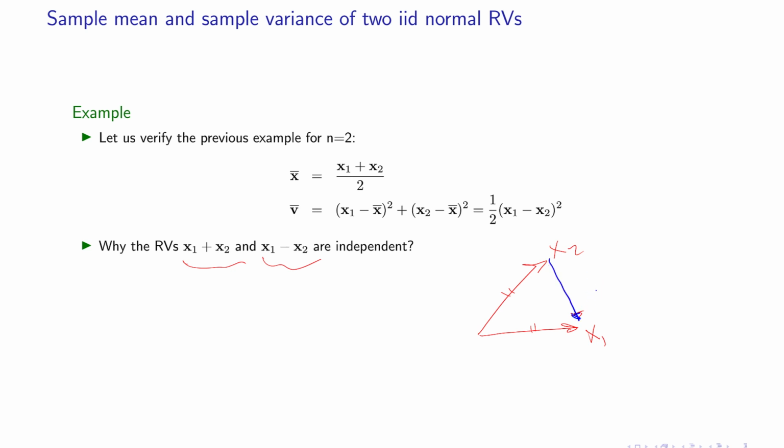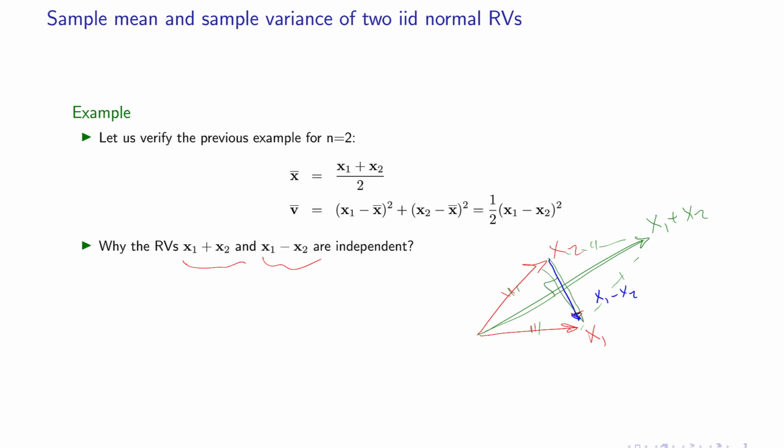This blue vector is x1 minus x2, and this green vector is x1 plus x2. If this is equal to that, the two diagonals of this shape should be perpendicular.